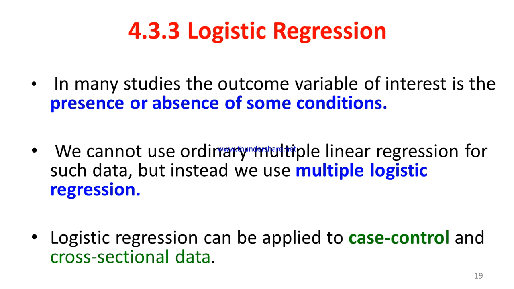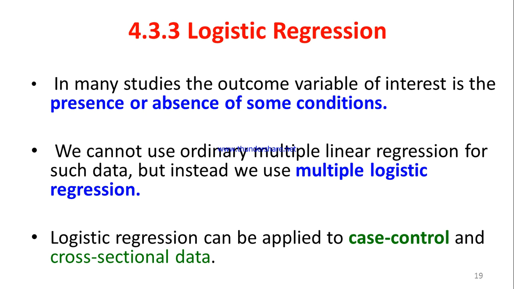Cases are those who developed the outcome. Controls are those who did not develop the outcome. Based on this, we look at the history of exposure backward, and therefore this exposure is measured categorically. Therefore, logistic regression is the model which fits the case control study design perfectly.